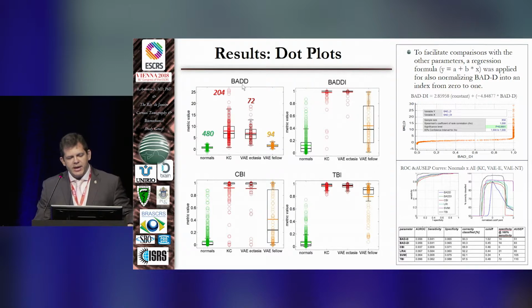So here we have the BAD-D. You see the distribution. You have very good separation for the abnormal case. You have 204 in the original study for the keratoconus patients, and we have the 94 cases with very asymmetric ectasias, so that 72 we had the fellow eye with ectatic disease that was able to be measured before any surgery. And you see the curves here, and the separations are much higher with the TBI.